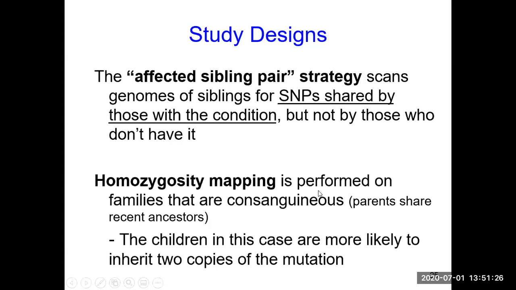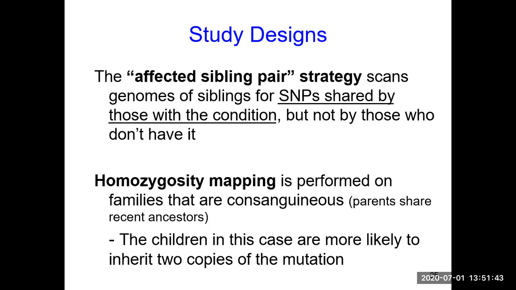Homozygosity mapping. Homozygosity mapping is usually performed on families that are consanguineous. In certain cultures, in certain countries, it is very common amongst close relatives to get married. Now, this is genetically not very recommended.